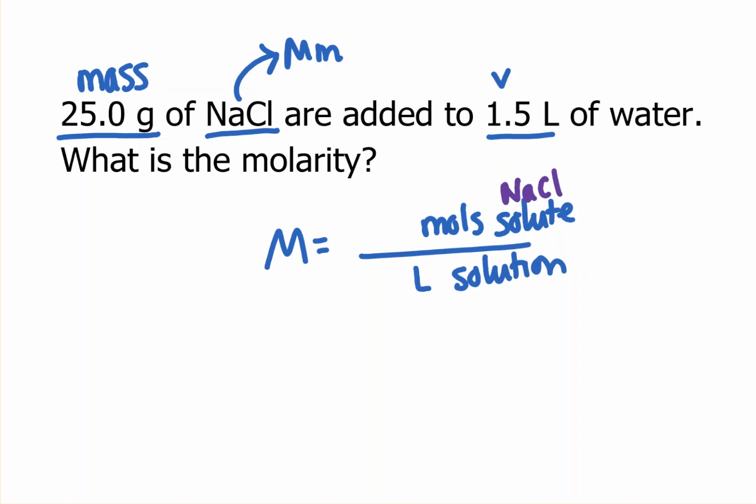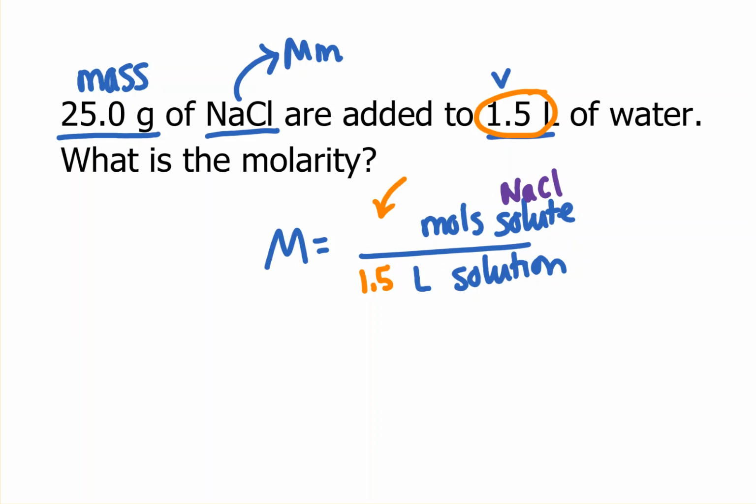We need moles of sodium chloride. And then if we think about what do we already have, some of the numbers to put in here, we do. We have this 1.5 liters could go here. So if I could get this number, then I could solve for my molarity.